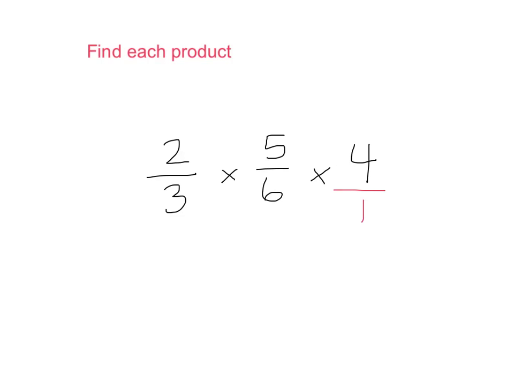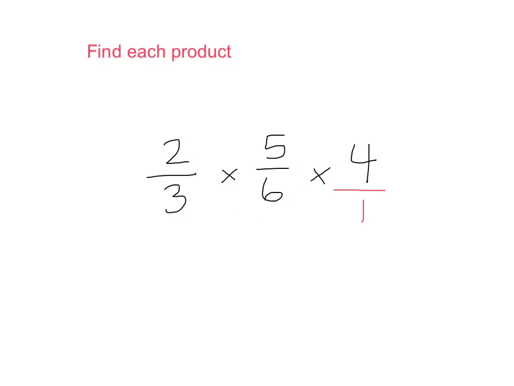Okay, so this problem is actually new because there is a different rule when you're working with 3 or more fractions. When you are cross-canceling, you can only cross-cancel one numerator with one denominator.